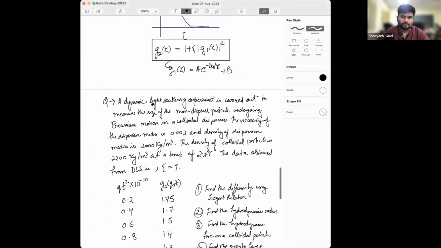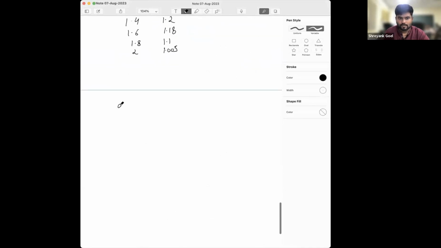So we'll discuss it. We have this Siegert relationship. So that is G2 tau equals 1 plus, so we know this is 1 and this is G1 tau squared, and G1 tau is a function of minus D q squared tau plus b.